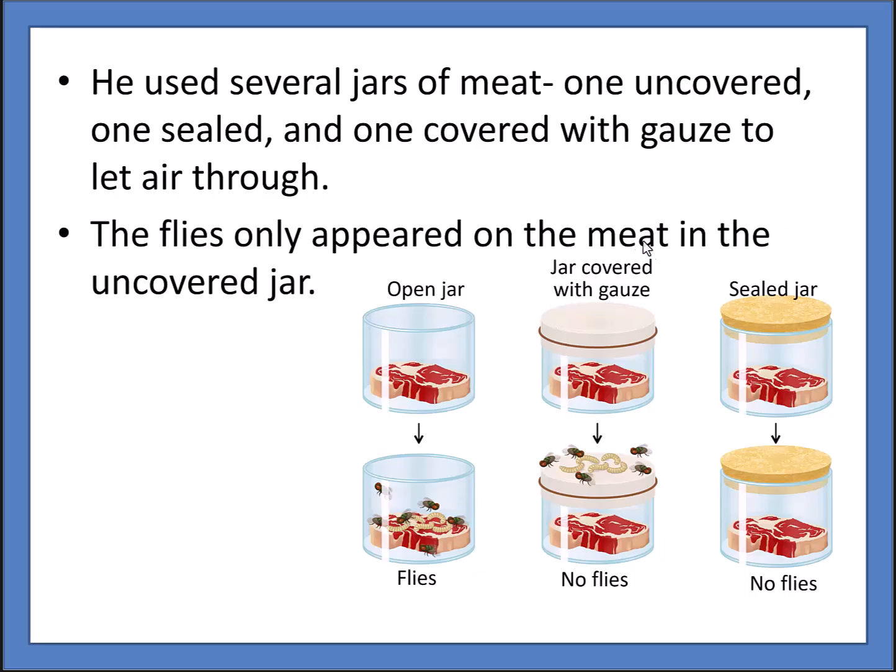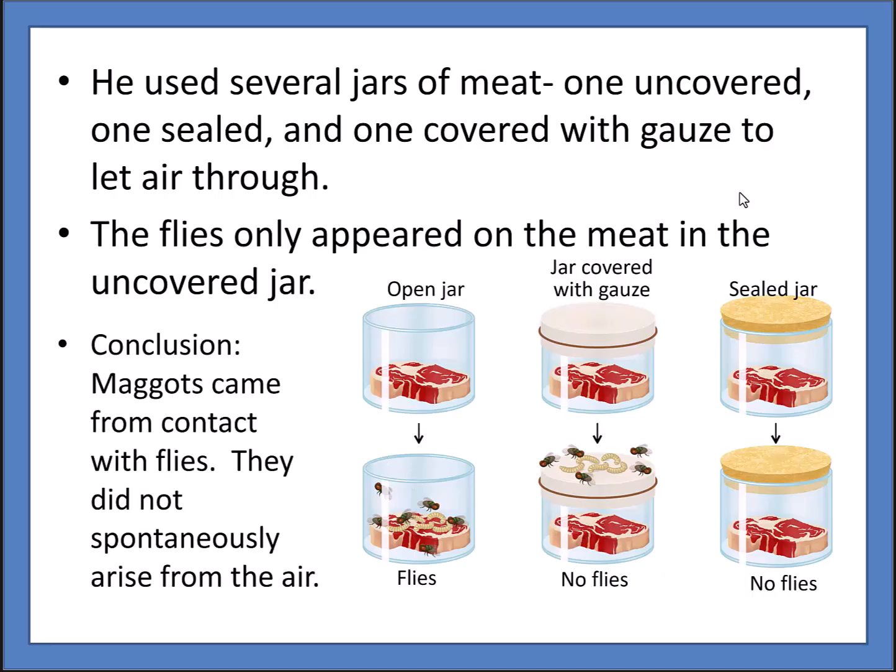So the one that had air going through it did not have maggots and flies appearing on it. So his conclusion was maggots came from contact with flies. They did not spontaneously arise from the air because the air did not cause the flies.